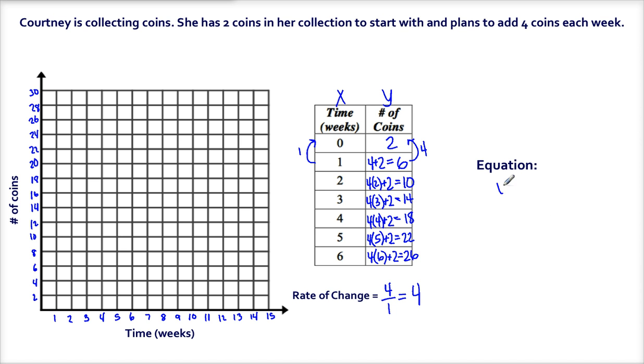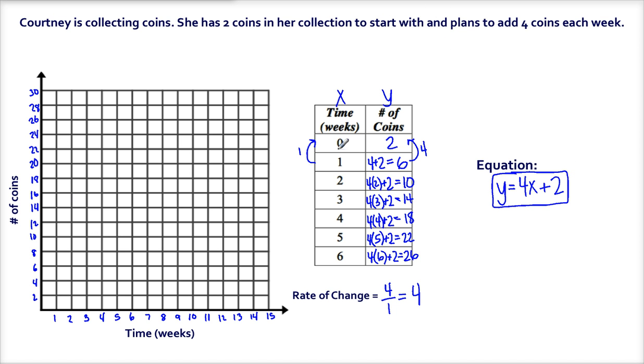We always want to start with our y value. So the total number of coins that she has is 4 times how many weeks have passed, and x represents how many weeks have passed, plus the 2 she started with. So this is the equation for this situation, for this context.